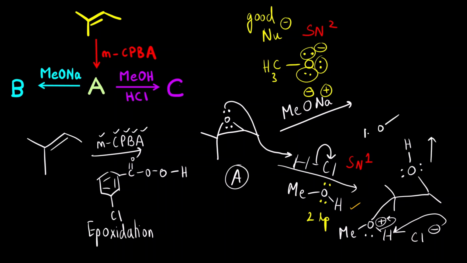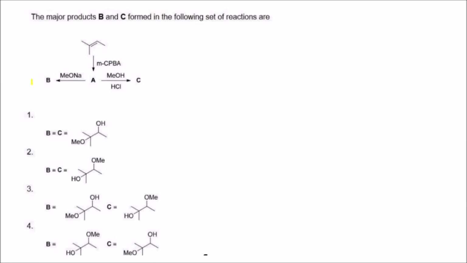Here there is OMe, then there are two methyl groups, and then there is methyl and OH. This is the product C. In the options you can see there are two such options where OMe is present on this carbon. So either the answer is option 1 or option 4.